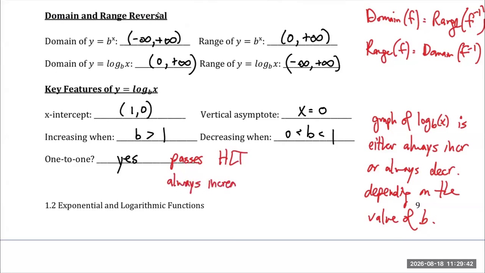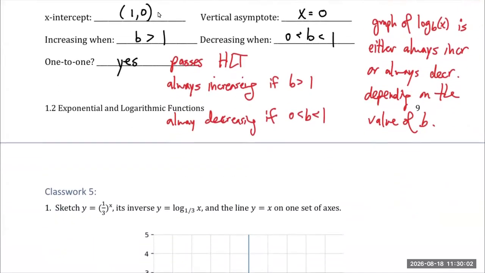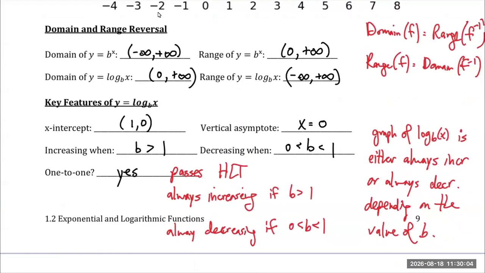If a function's always increasing, it can never get the same y value twice. So that means it's going to be 1 to 1. Of course, it's always increasing if b is greater than 1. It's always decreasing if b is between 0 and 1. So that pretty much covers the graph for the logarithm.